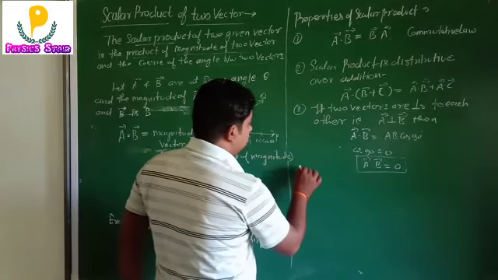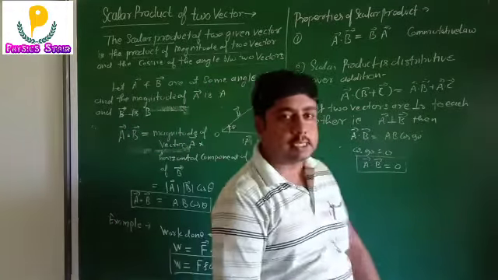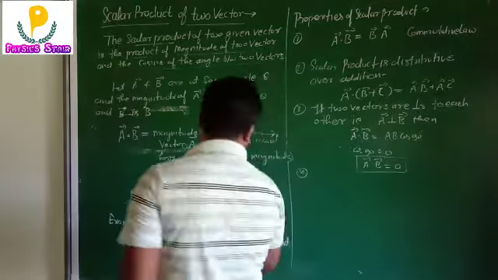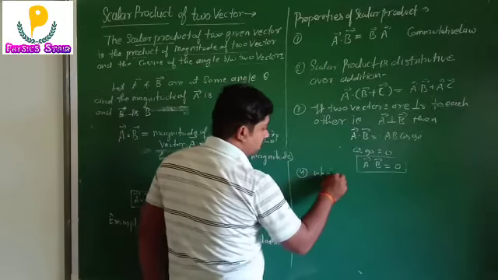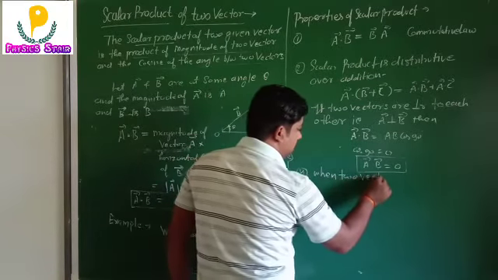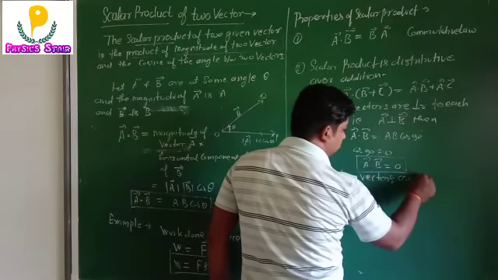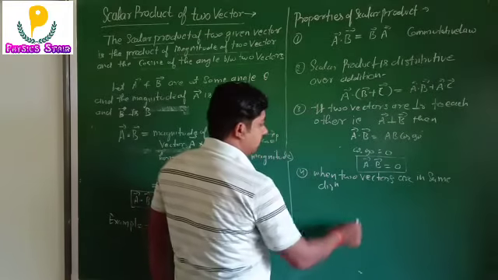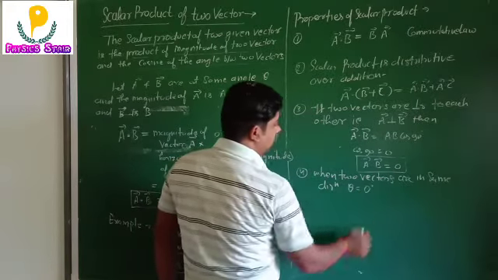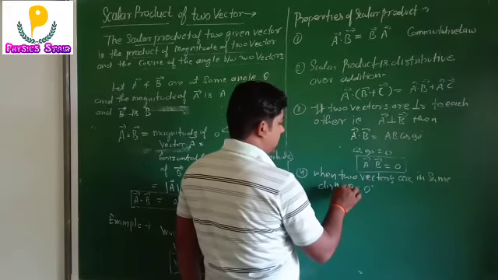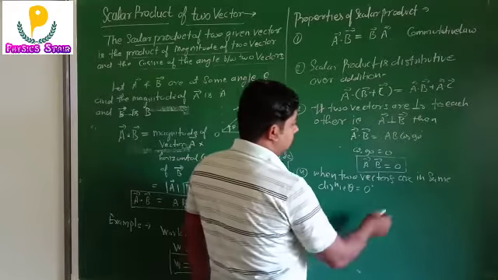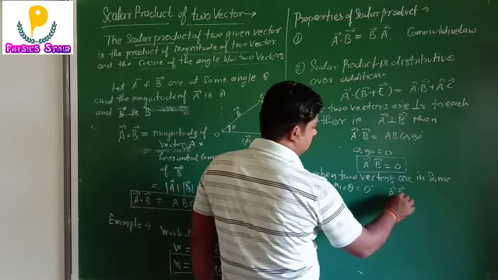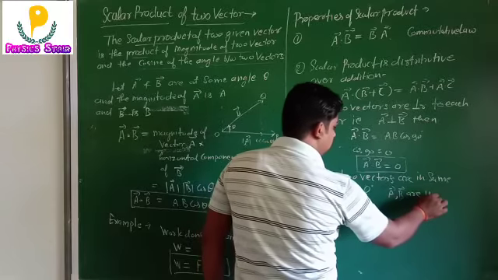Now the fourth property is when the two vectors are in the same direction, which means theta is equal to 0 degrees, so vector A and vector B are parallel.